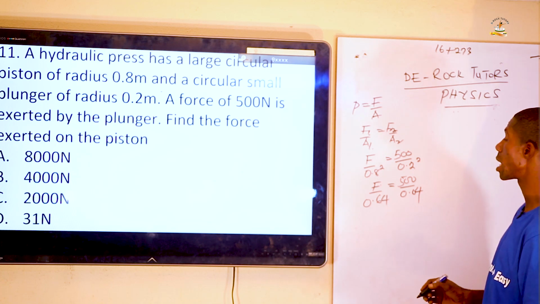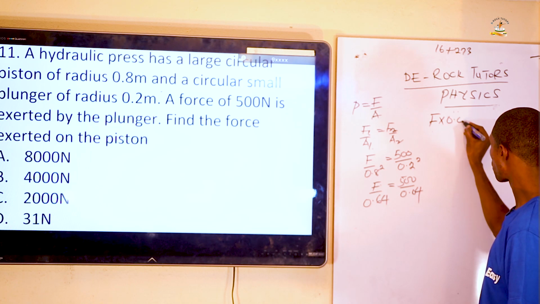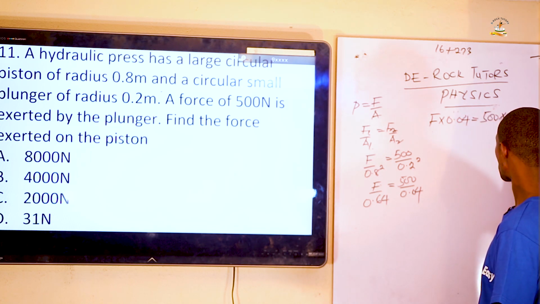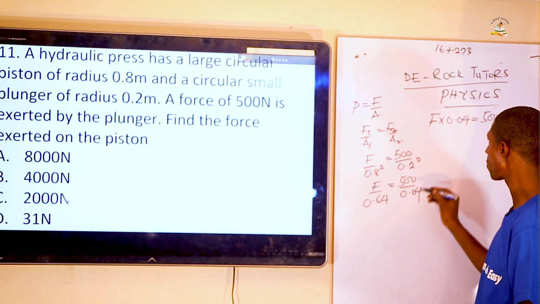So what I will have to do now is to cross multiply. So F multiplied by 0.04 will amount to 500 multiplied by 0.64.